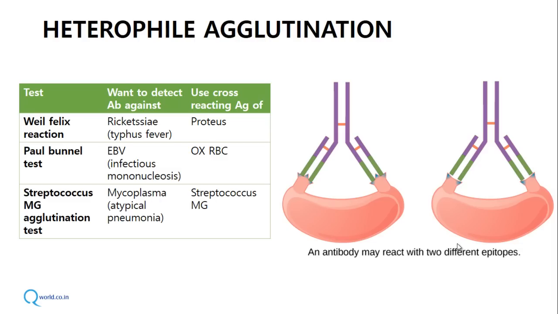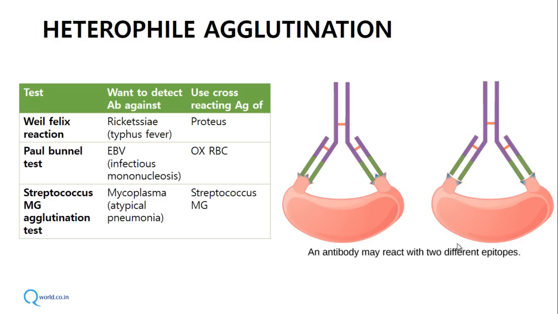So we take a cross-reacting antigen whose structure is similar to the organism I want to detect antibody against, and we perform the test using this cross-reacting antigen. If I see agglutination, that means antibody is present against either the cross-reacting antigen or the original antigen.